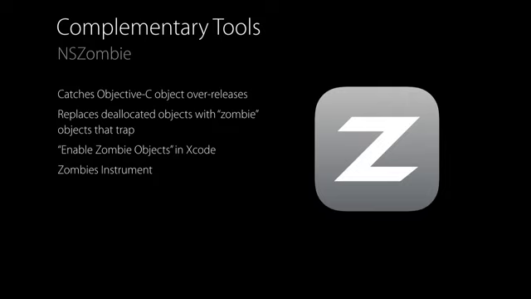Also at your disposal is NSZombie, which is great for catching Objective-C object over releases. It works by replacing deallocated objects with zombie objects that trap when messaged. The basic functionality can be enabled from the same diagnostics tab in Xcode. However, if you want to gain the full power of this feature, do use the Zombies instrument.